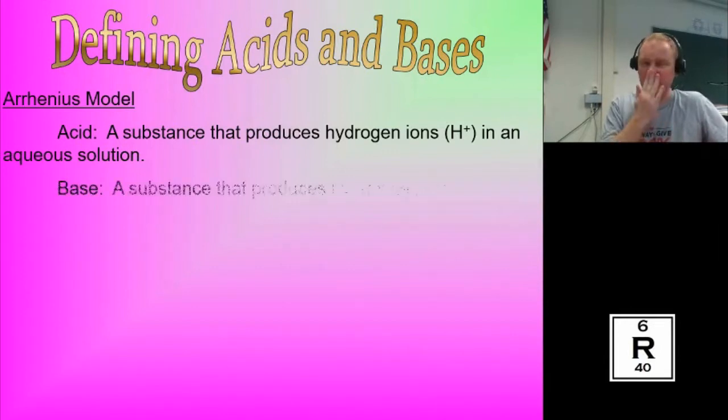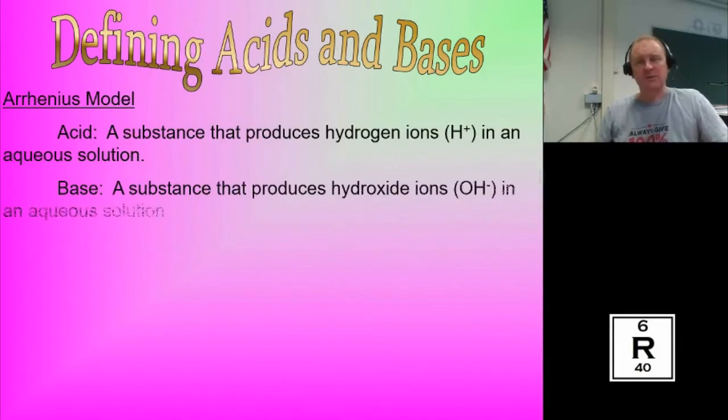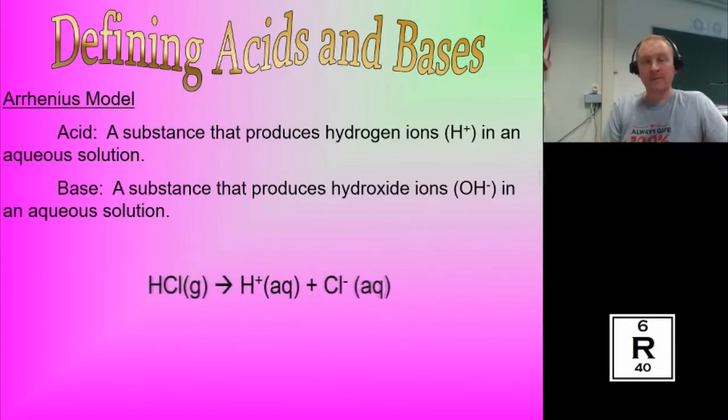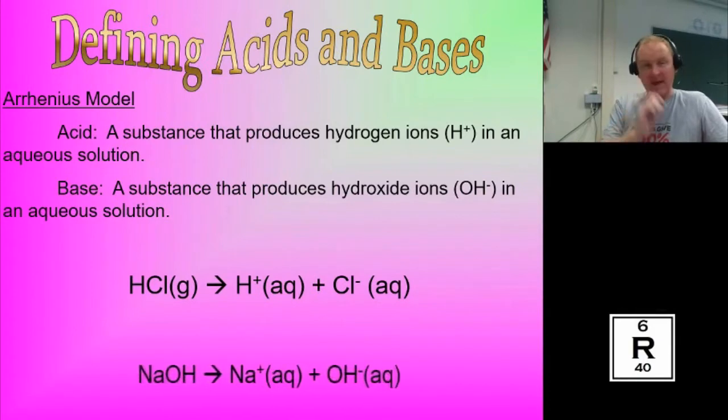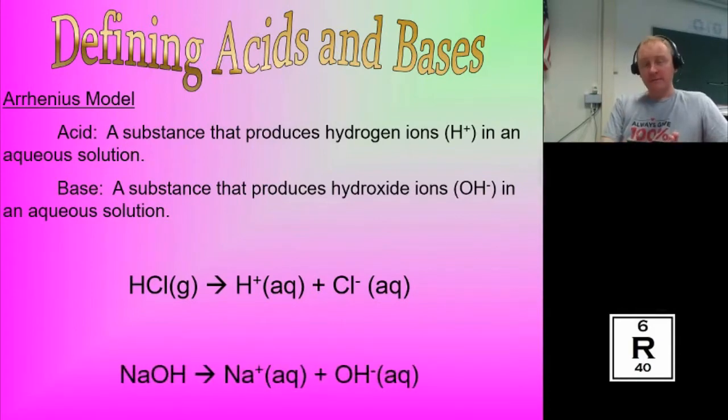And if you've had other teachers talk about acids and bases that wasn't really advanced in chemistry, they were giving you the Arrhenius model because they probably also told you that a base is something that produces hydroxide ions in an aqueous solution. So an example of an acid would be, let's just take a look at the first one.